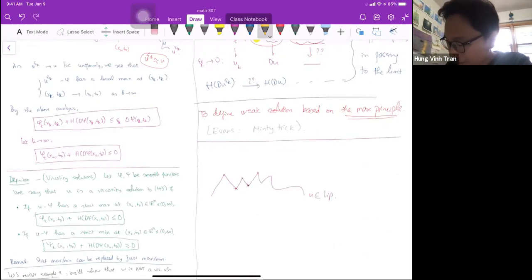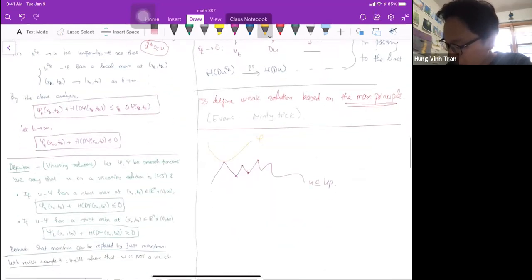Now I have phi touching u from above at x naught, t naught. This means that u minus phi has a strict max at x naught, t naught.